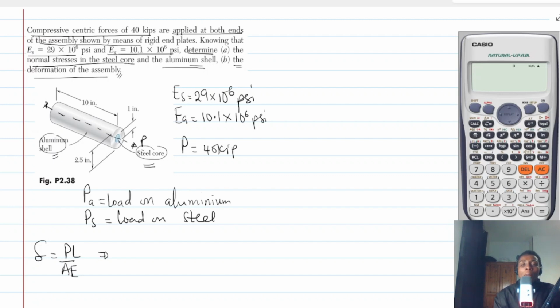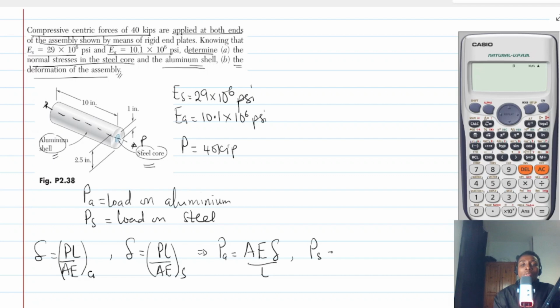Solving for P, in terms of aluminum, the load can be expressed as AE delta divided by L, and all of this is for the aluminum.